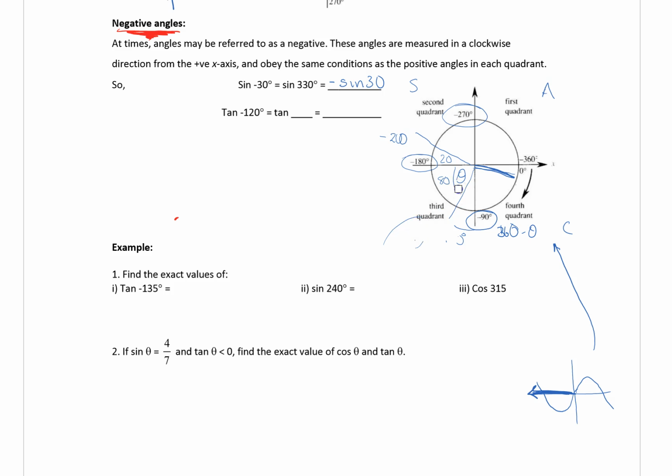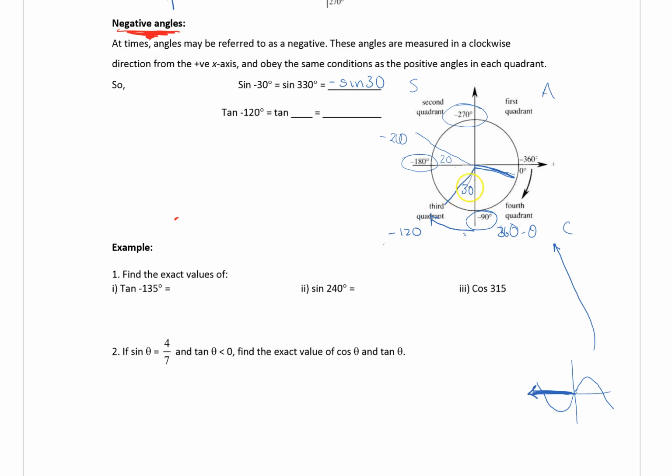Let me just rub this out and draw it on here for you. So we've come back around 120. I think it's easier initially to establish the size of this angle in here. So from 90 to 120, this angle here is 30.